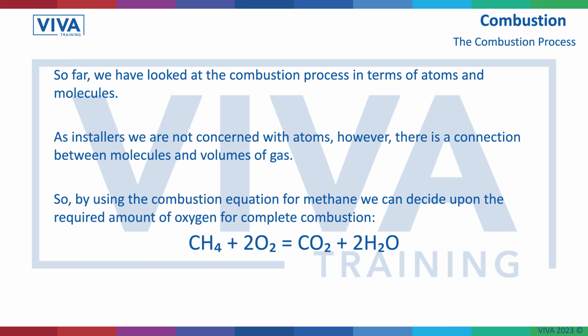So we've looked at the combustion process in terms of atoms and molecules, but as an installer we're not concerned about atoms and molecules, but there is this connection. That's why we need to understand it. So by using the combustion equation for methane, we can decide on the amount of oxygen we need for complete combustion.